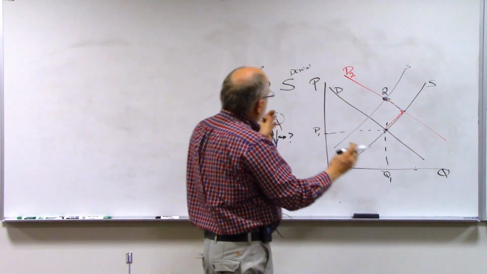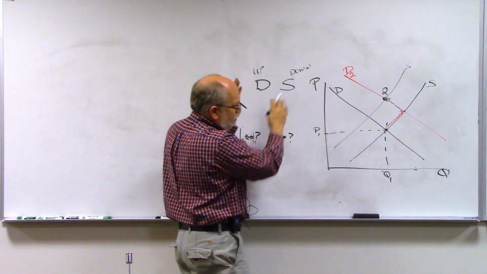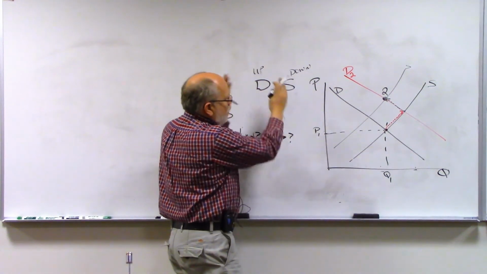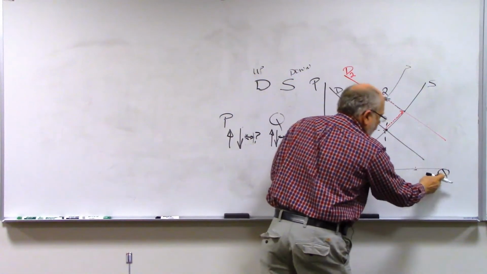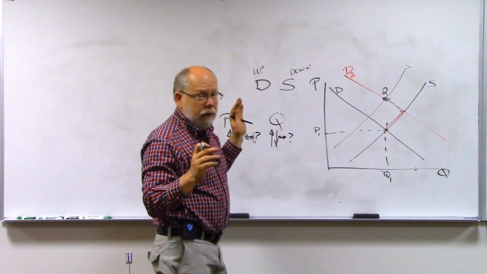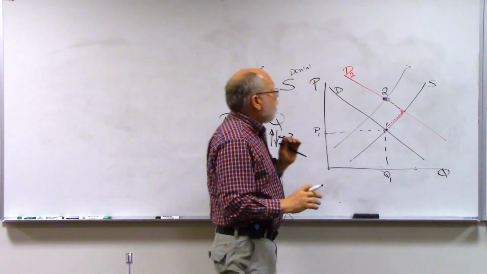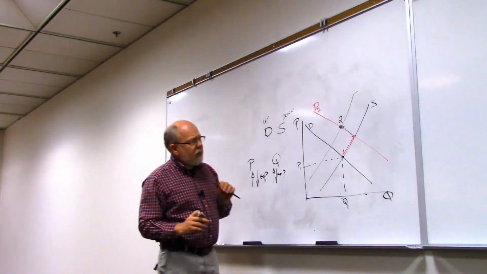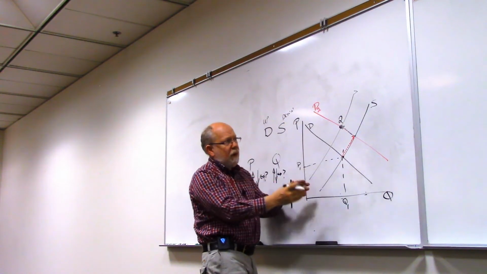So whenever we have a change up, down, down, down, up, whatever combination we have, if we don't have magnitude, we will be able to tell for sure what's going to happen to quantity, but we don't know what's going to happen to price. Or we'll be able to know what happened to price, but we don't know what's going to happen to quantity.